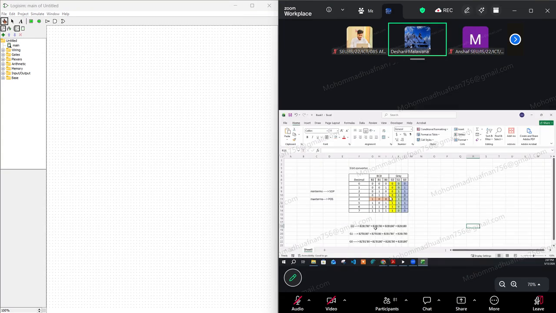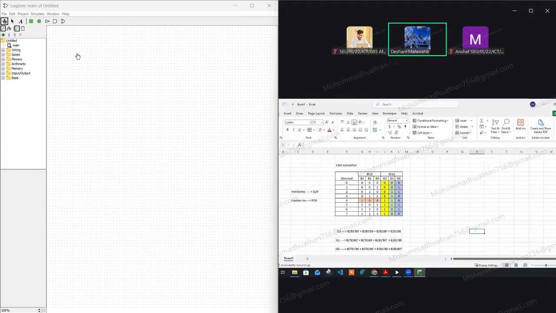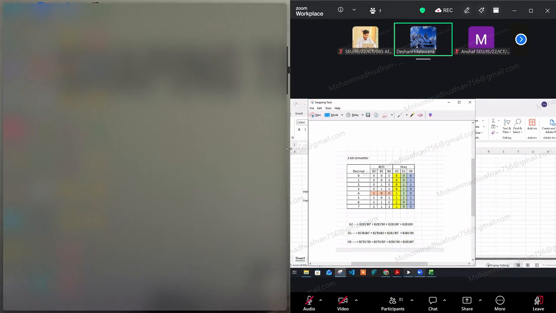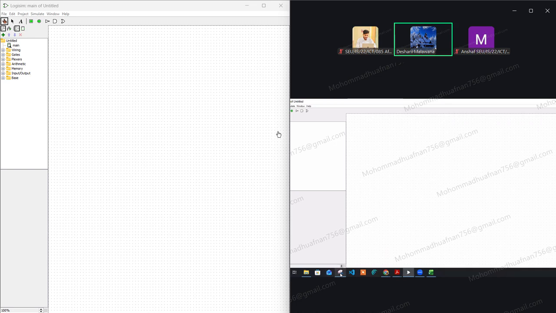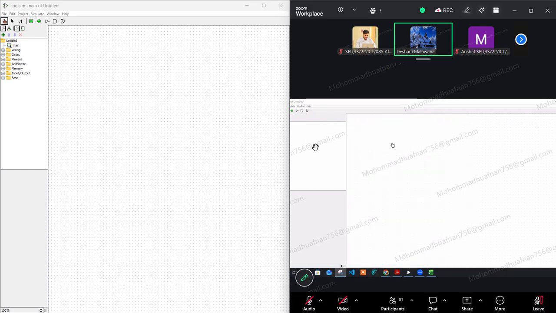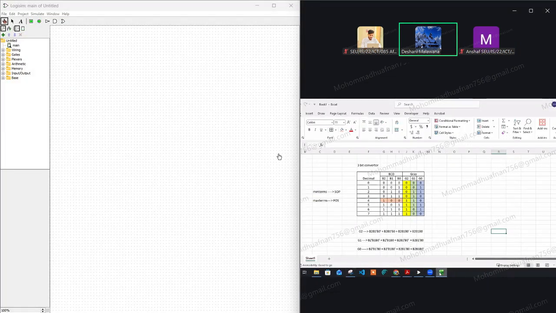So these are going to be our three equations. So we will take it to here. Okay, so according to this question, first we are going to create G0.